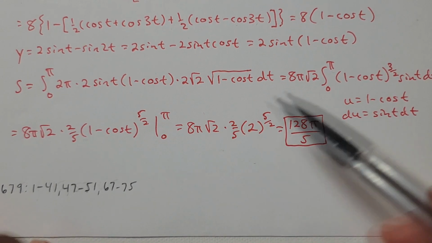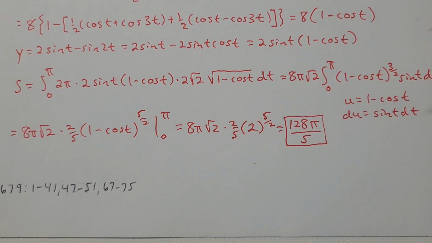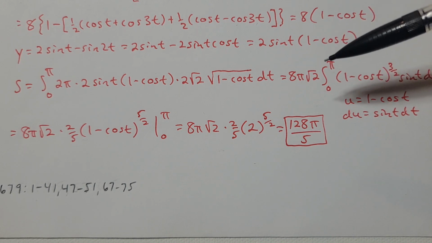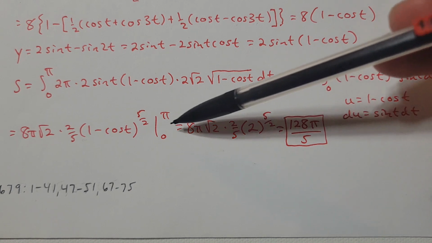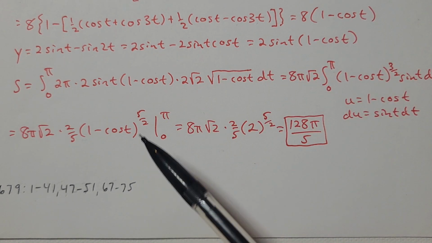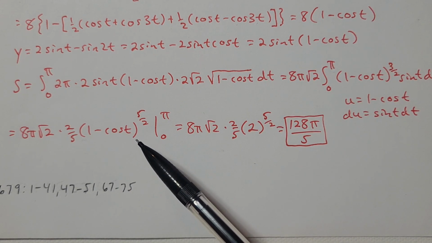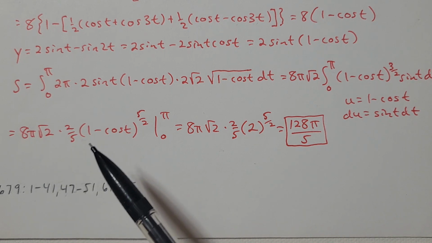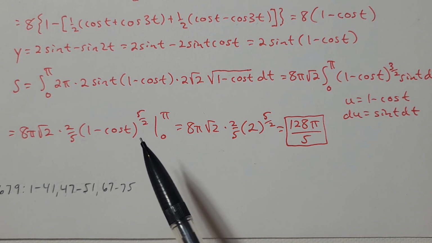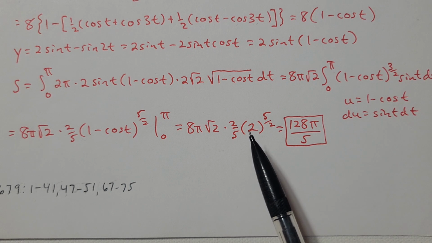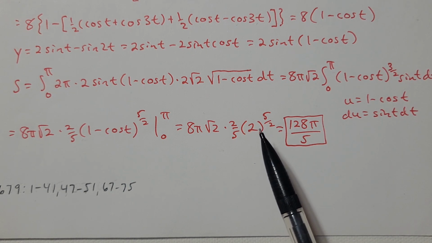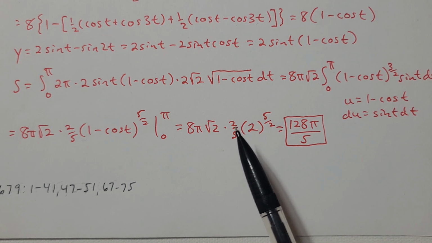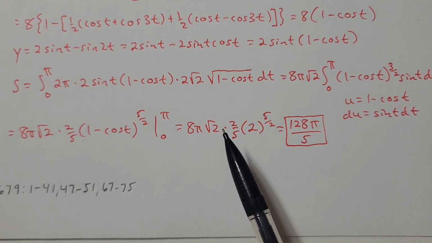And so now when I plug in my bounds, cosine pi is -1. And cosine of 0 is 1, so I'll be subtracting 0 there. But 1 minus a -1, that's 2. So 2 to the 5 halves times 2 fifths times 8 times root 2.